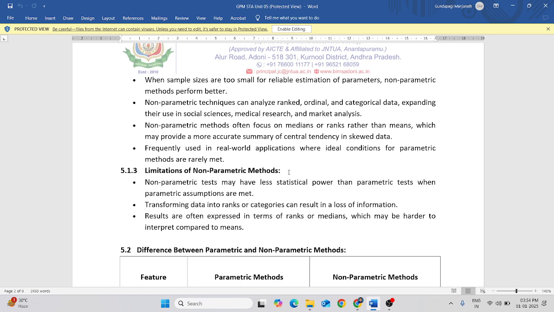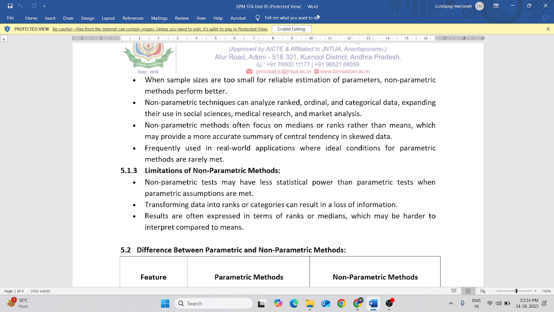When it comes to the limitations, these are not statistical tests like in the parametric test, where we have so many statistical tests that we apply on the data and take the decision.